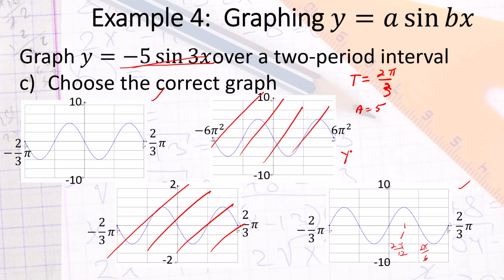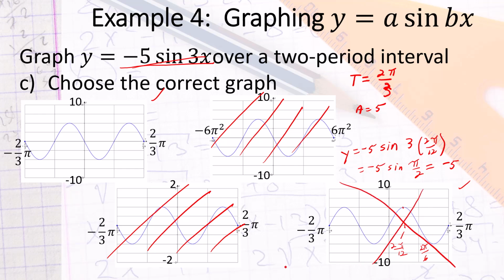That is going to be y equal to negative 5 times the sine of 3 times 2 pi divided by 12, which is negative 5 times the sine of pi over 2. What's the sine of pi over 2? Well, that's simply equal to 1, and negative 5 times 1 is negative 5. Now, at this particular point, the graph is positive 5, so that cannot be the graph. However, at this particular point, the graph is negative 5. This is the graph that we want.